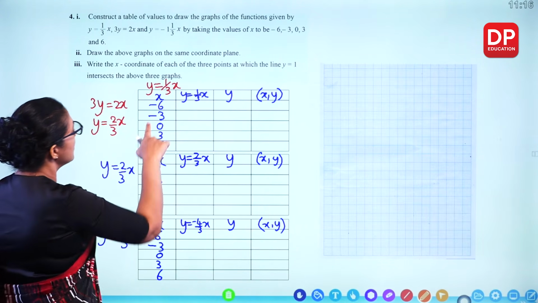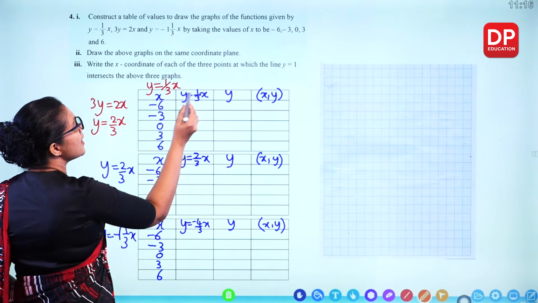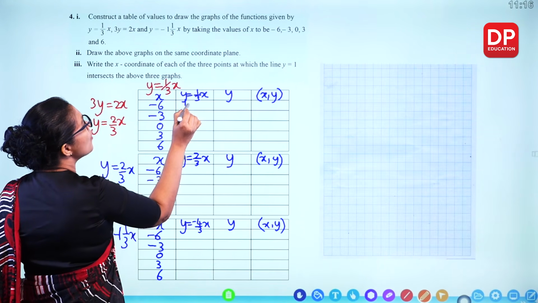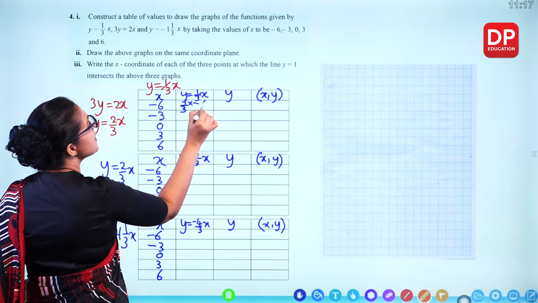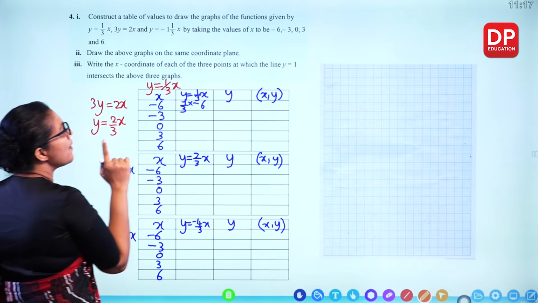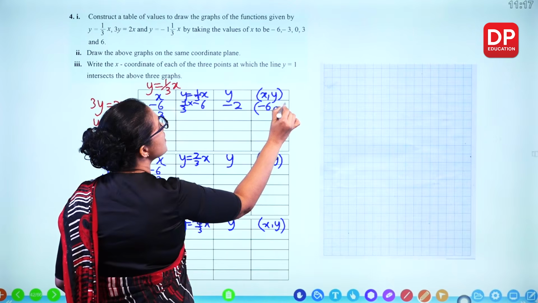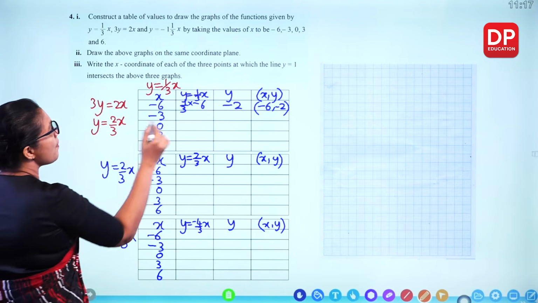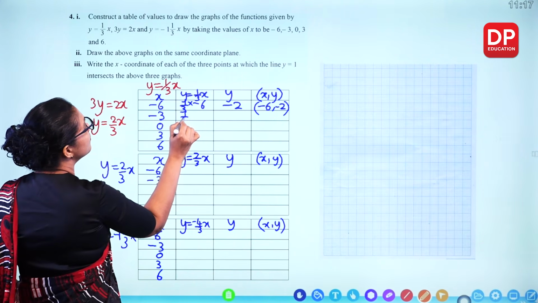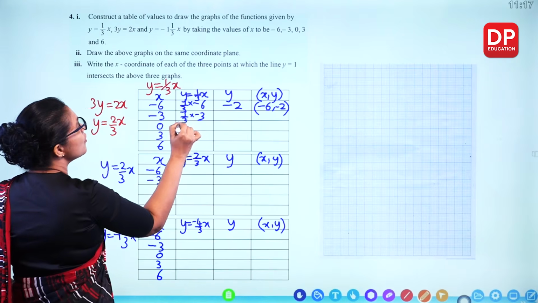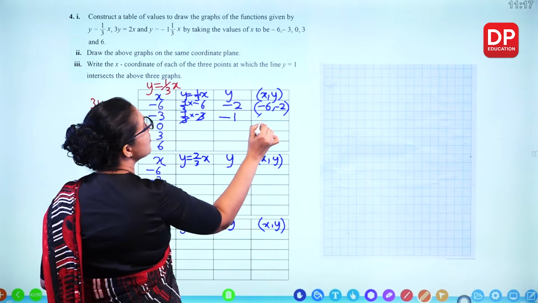We'll take x equals minus 6 and fill the table. 1 over 3 into minus 6. Minus 6 divided by 3, minus 2. Coordinates minus 6, minus 2. Minus 3, you get minus 1.